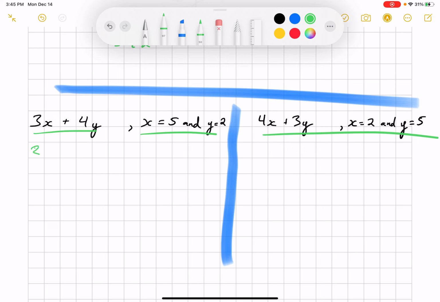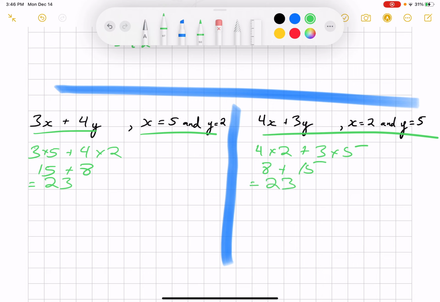So I have 3 times 5 plus 4 times 2. So this is going to be 15 plus 8, okay, which is going to be 23. Okay, so over here I have 4 times 2 plus 3 times 5. And this is going to be 8, and this is going to be 15, and this is going to be 23.